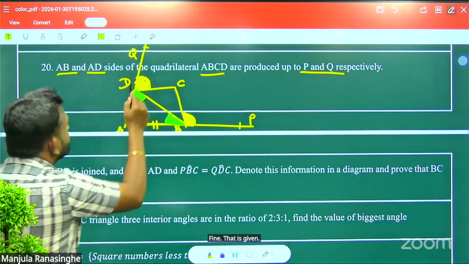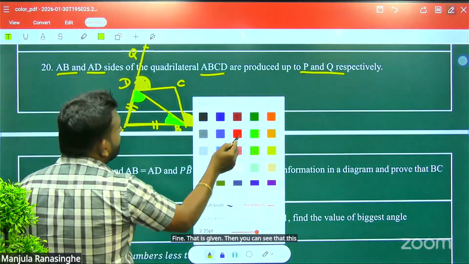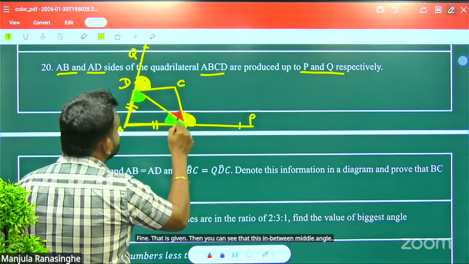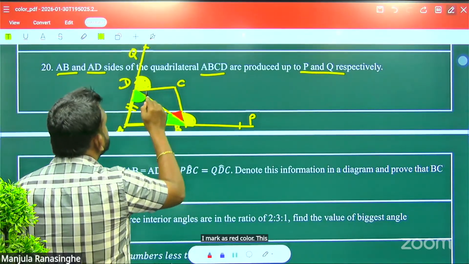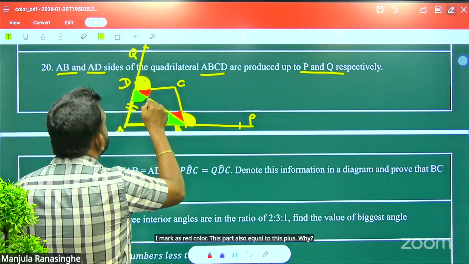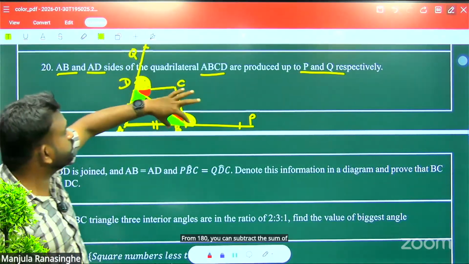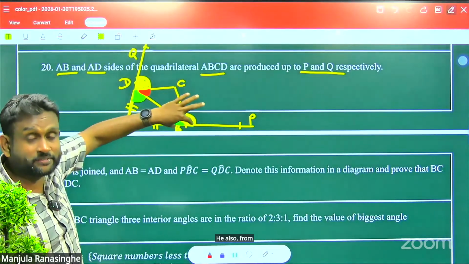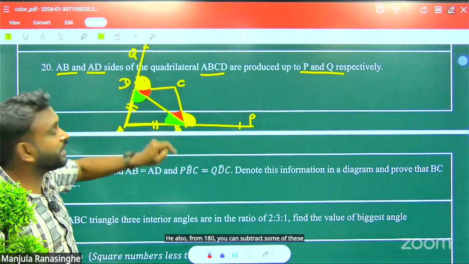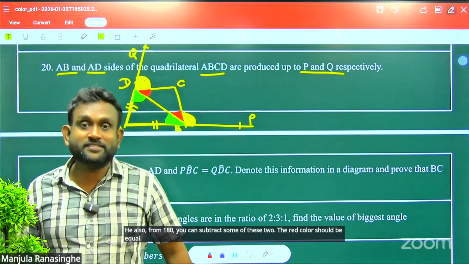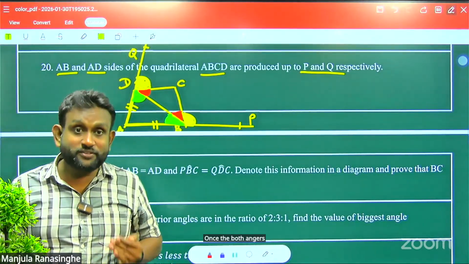Then you can see that this middle angle, I mark in red color. This part is also equal to this part. Why? From 180, you can subtract the sum of these two. Here also from 180, you can subtract the sum of these two. Then the red angles should be equal, because that is a straight line.